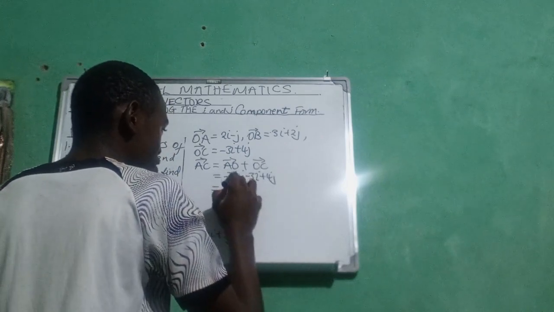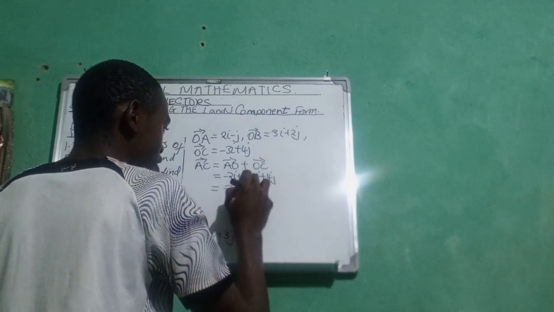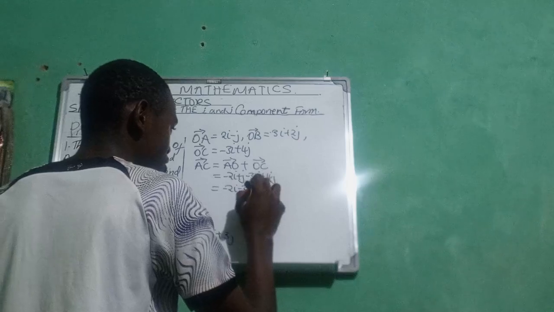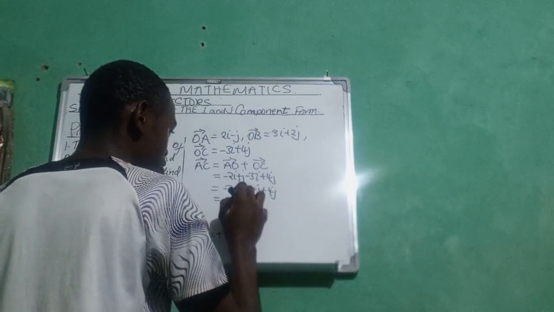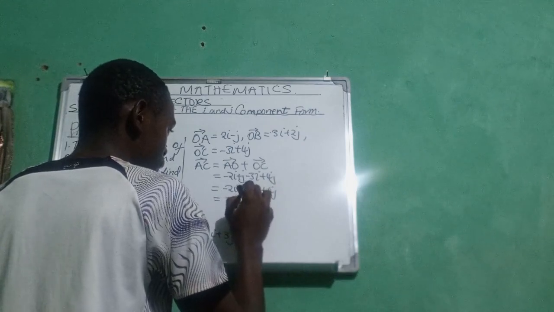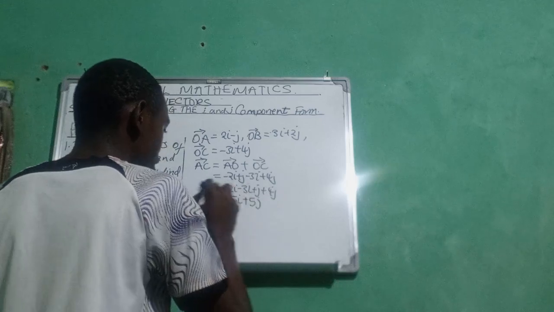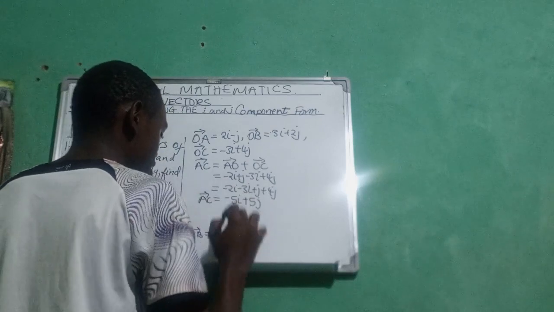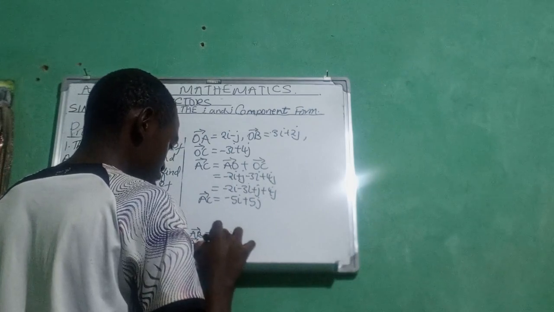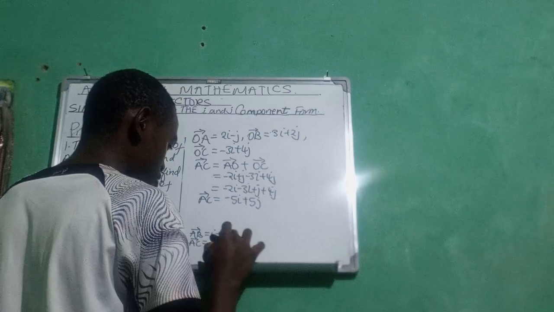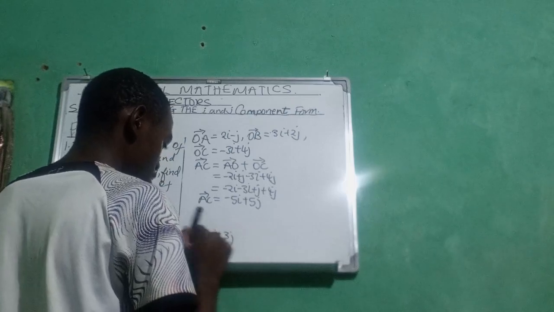This will be equal to minus 2i, then minus 3i, plus j plus 4j. This will be equal to minus 5i plus 5j. And this is our AC. So AC is equal to minus 5i plus 5j.